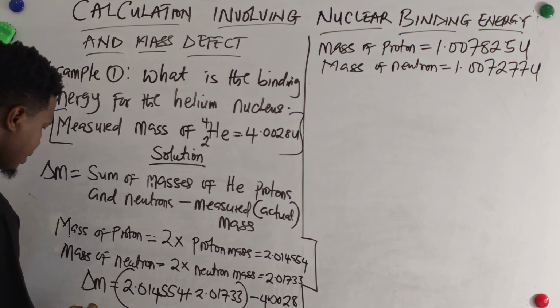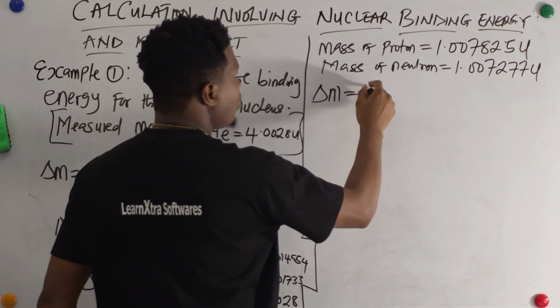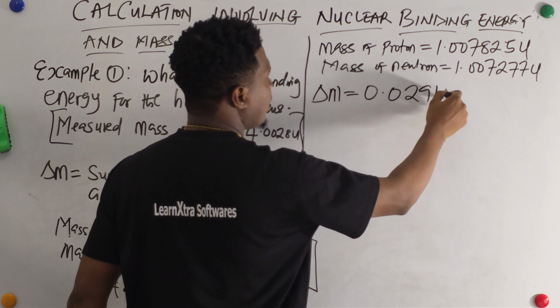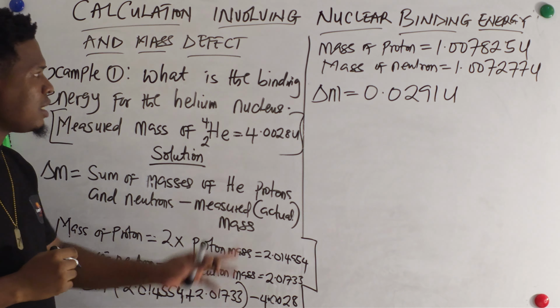When you subtract this, the value becomes 0.0291 u. So this is the mass defect.